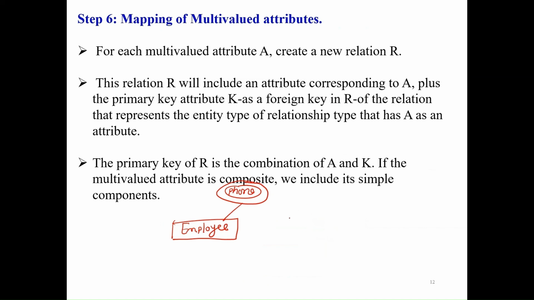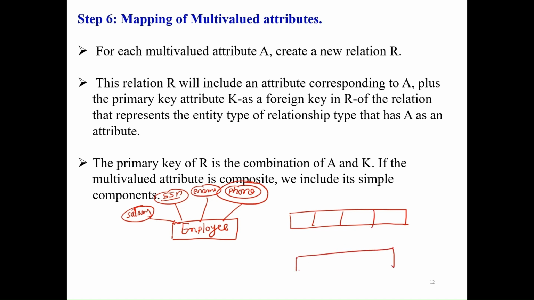For that, it's not possible to add this phone number in the employee relation along with the other attributes, because the other attributes have a single value. So employee name, employee social security number, salary are unique for a particular employee. So for this, we cannot add it. So what do we have to do?